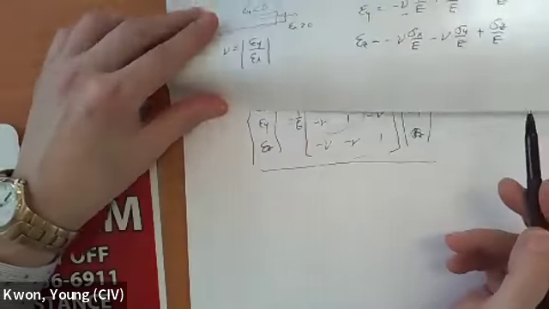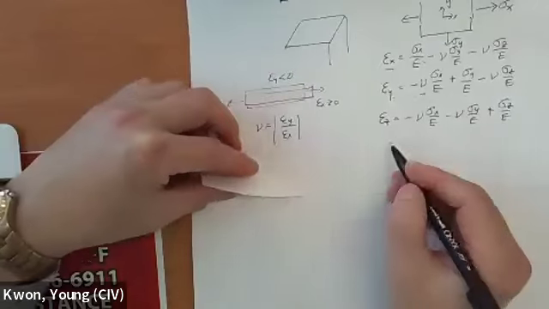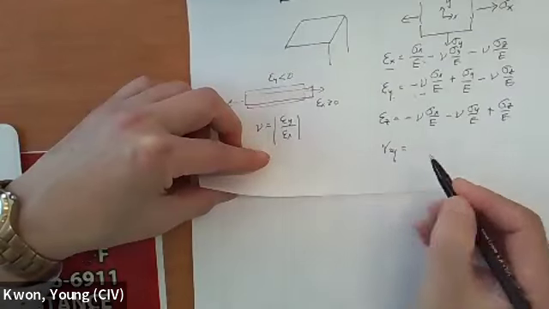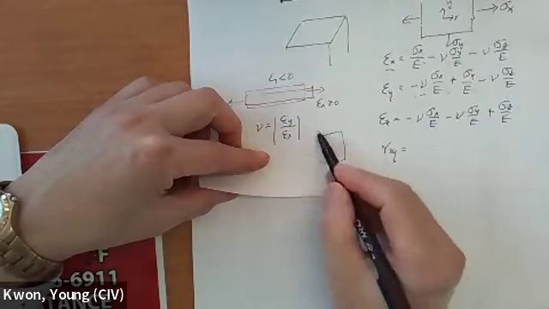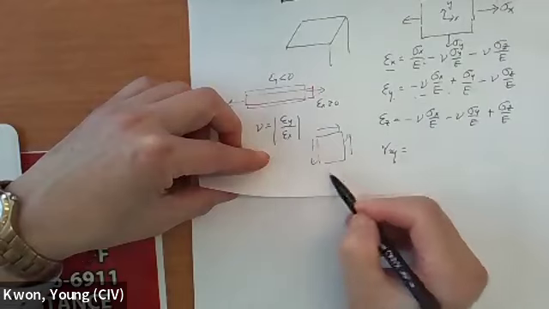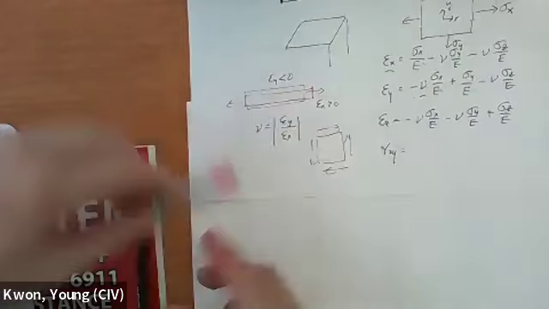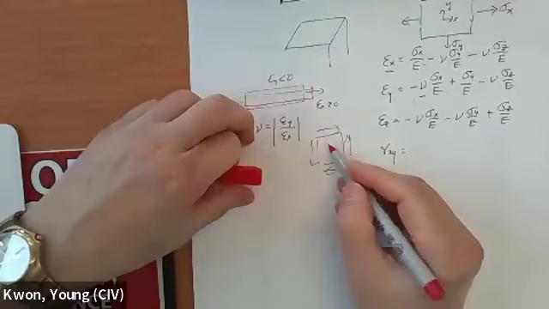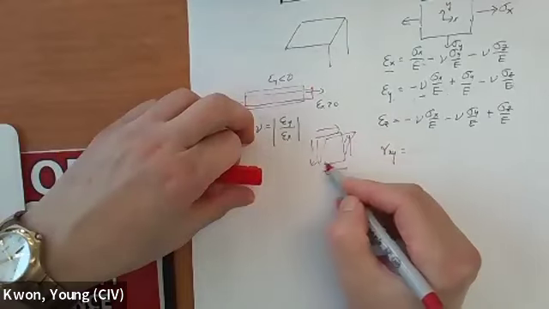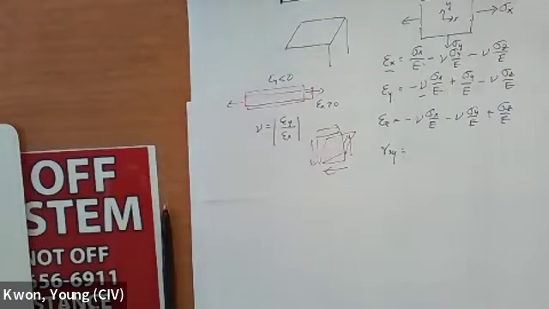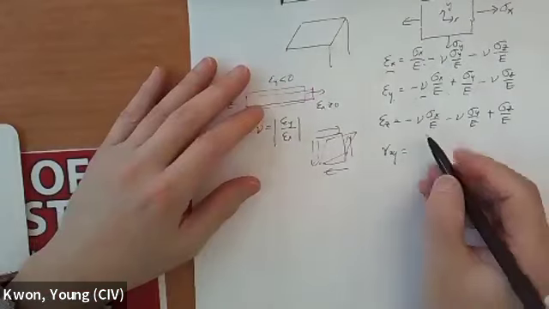Then what about the shear? So if you apply shear like this, then it's going to deform like that. And shear does not induce any length change, but the shape change. And that material property we call shear modulus.